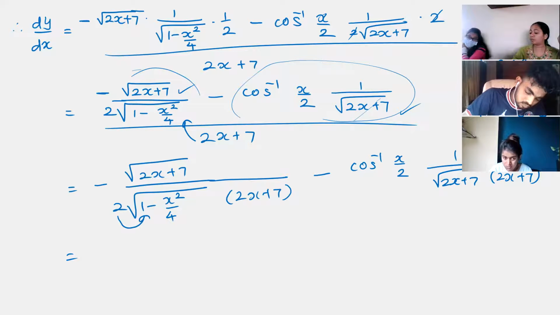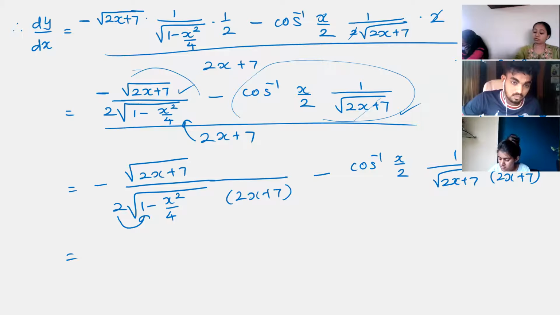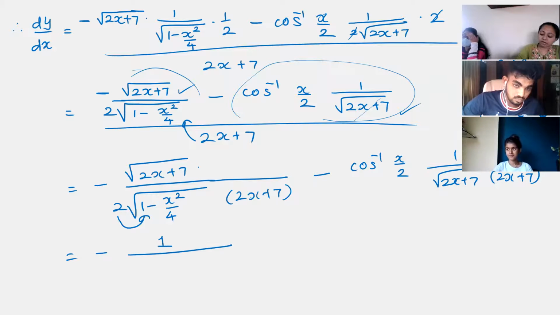Root 4 is 2, that means if it is going inside the square root, it becomes 4. So if you remember, 2 root x, I can write as root 4x. Same, you can check, if 4 comes outside, it is 2 into root x. That way we can do. So here in the denominator, that also can be done, and even this part, you can see this one.